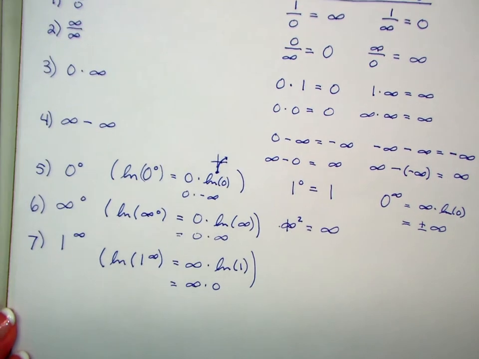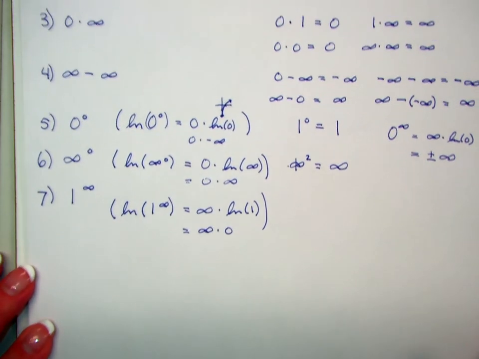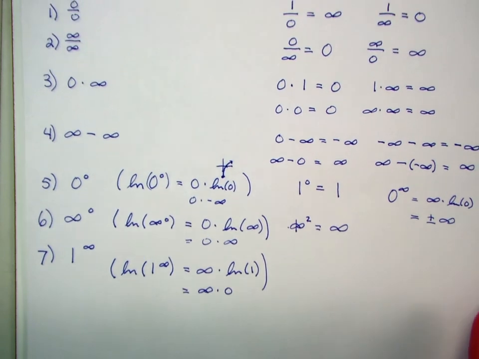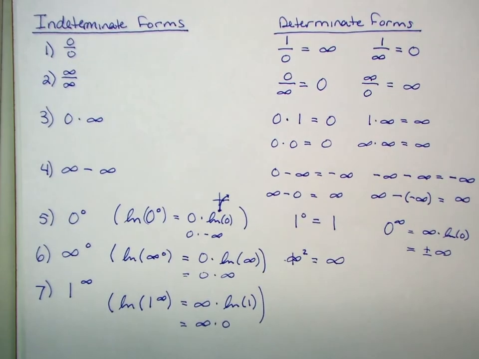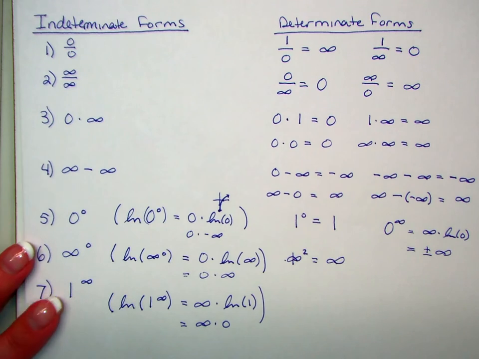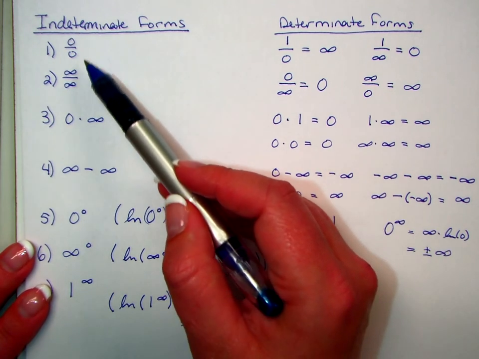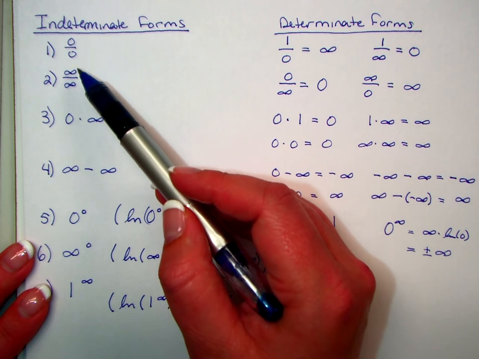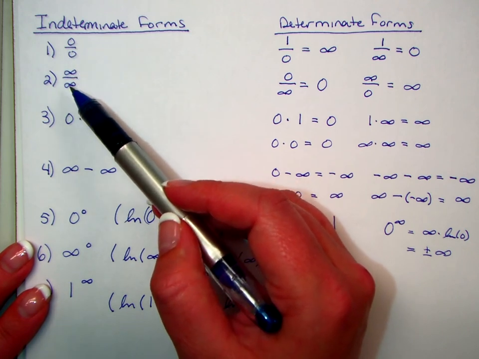All right, so let's go ahead and look at what L'Hopital's rule says. Now, even though there's 7 indeterminate forms, L'Hopital's rule can only be applied to the first 2. We can only use L'Hopital's rule if we get 0 over 0 or infinity over infinity.